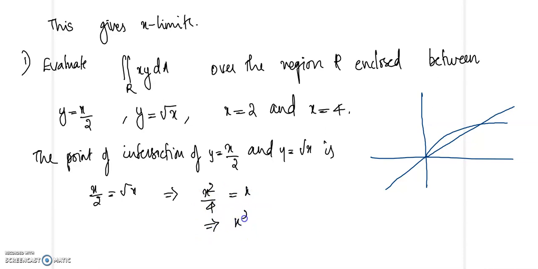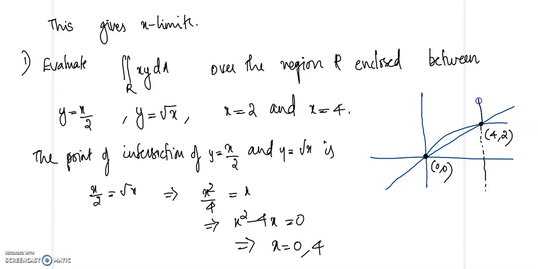So x square minus 4x equal to 0, which implies x is equal to 0 and 4. When x is 0, the y value is also 0. So the first point of intersection is (0, 0), and here x is equal to 4 and the corresponding y value is 2.